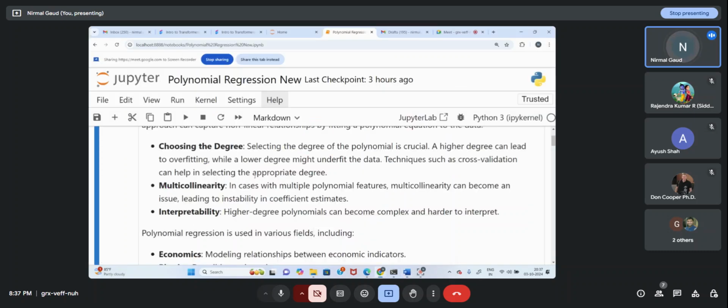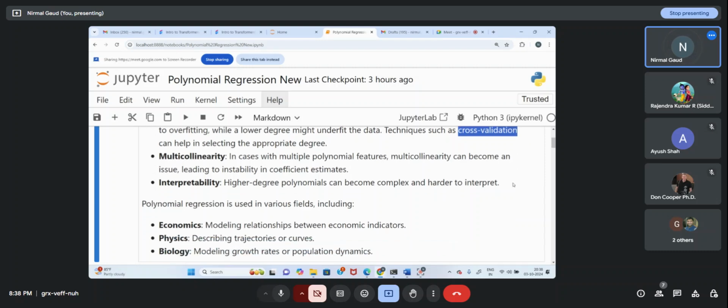So choosing the degree is a crucial part in polynomial regression. A higher degree can lead to overfitting, while a lower degree can result in underfitting. So, by performing cross validation technique, we can select the appropriate degree.